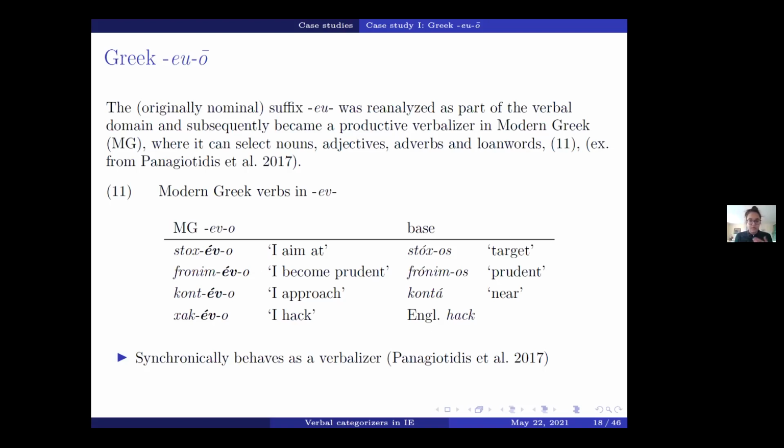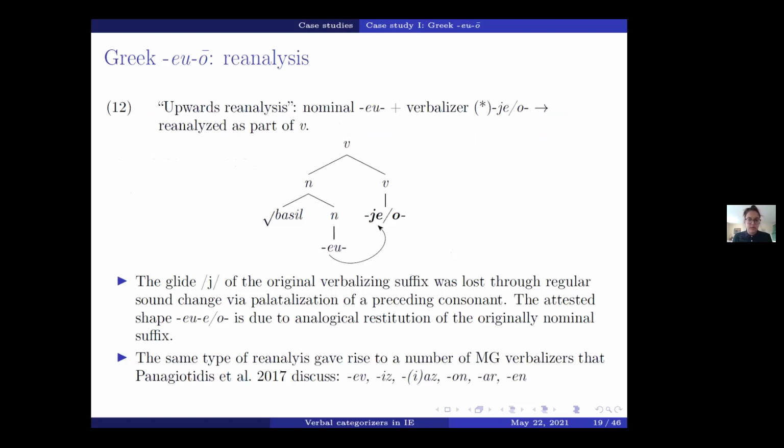So this looks like one of these cases of upwards reanalysis that I'm looking for, where something nominal in the context of the nominal verbs is reanalyzed as part of the verbal domain. So this -eo here has been reanalyzed as a little v marker, essentially.